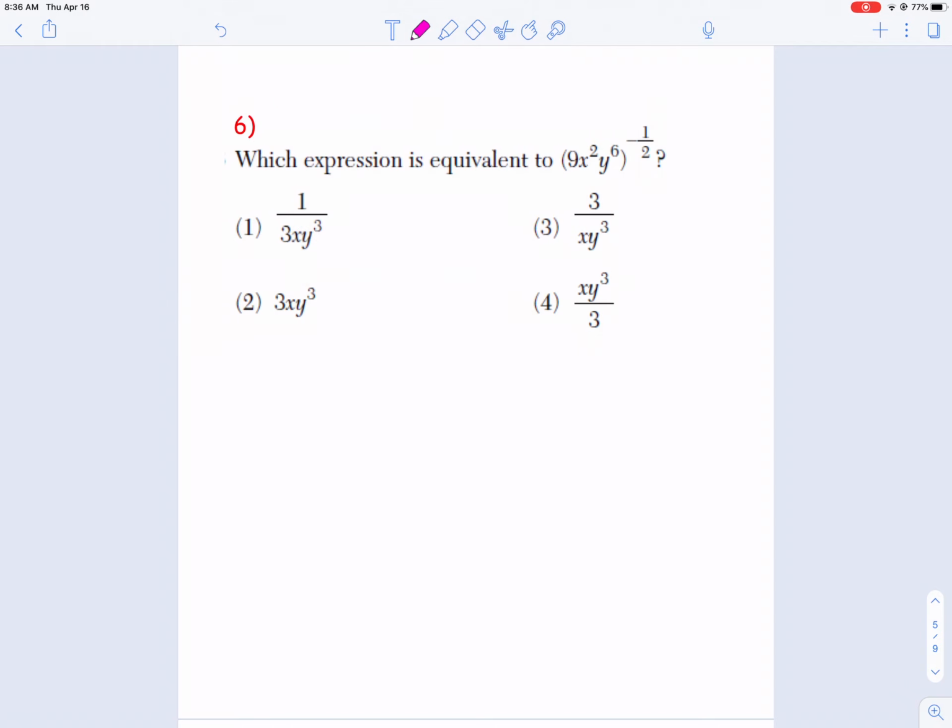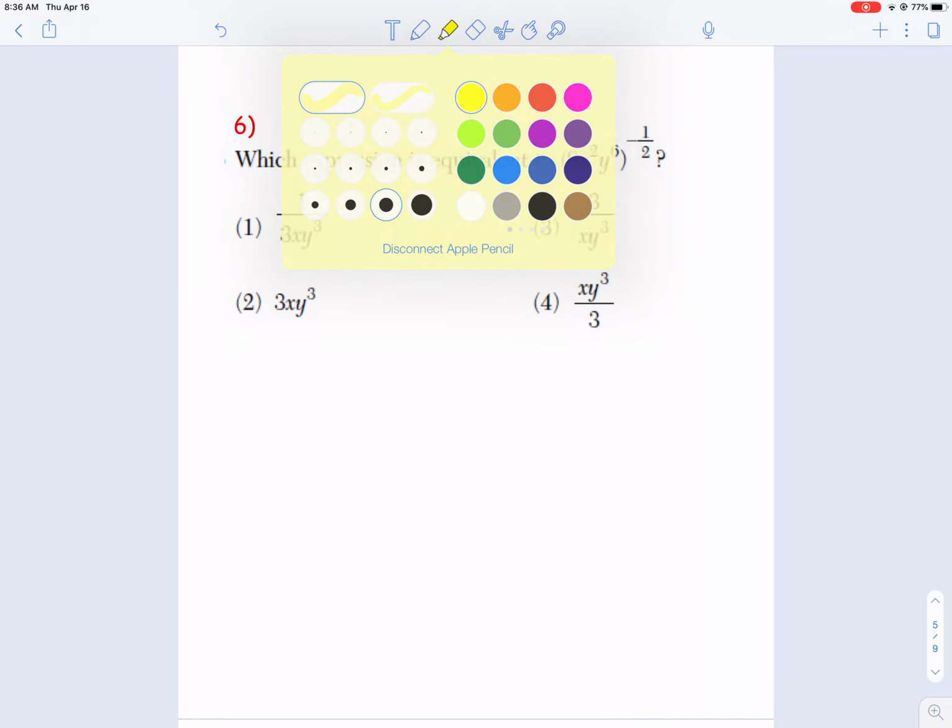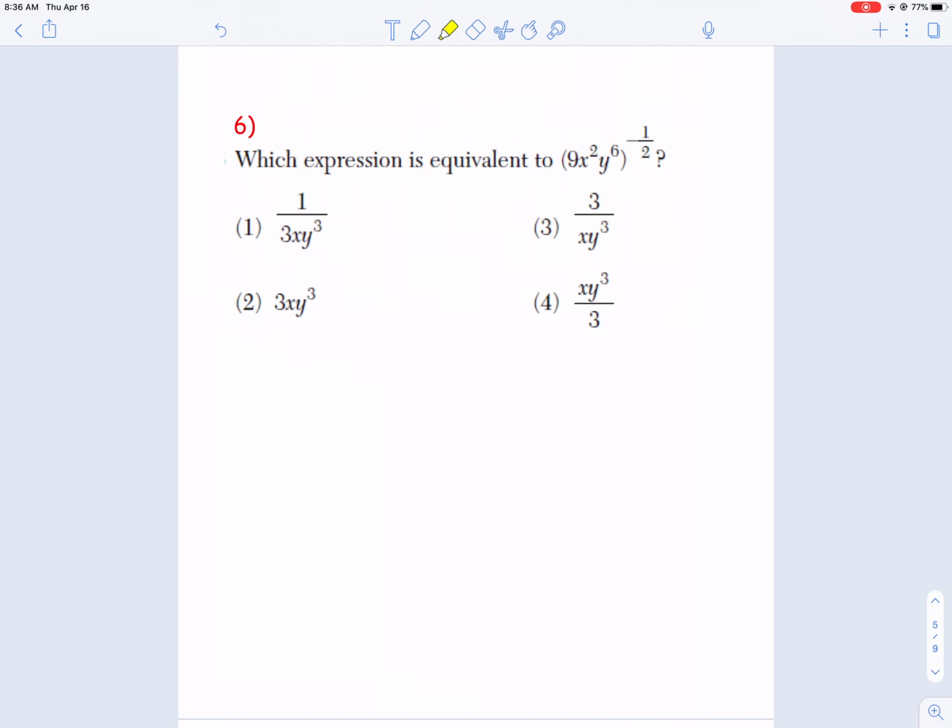Okay, so in number 6, be careful. You not only have a fractional exponent, it's actually negative. So I'm just going to rewrite this. This is 9x squared y to the 6th being raised to the negative 1/2. Again, I'm going to remind you, negative exponent.